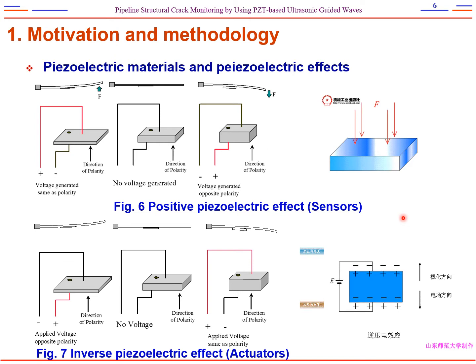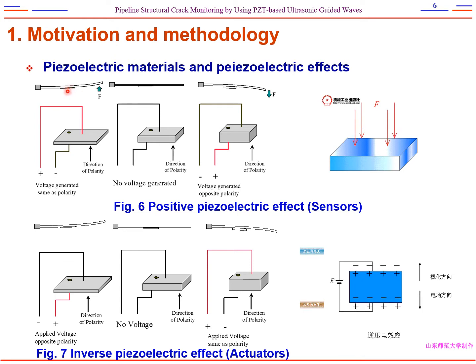This slide is showing the schematic of piezoelectric effects. Figure 6 is the positive piezoelectric effects, which can be used to produce sensors. When we apply a force on the surface of the PZT patch, the electricity will be generated. I like to take this as an example.